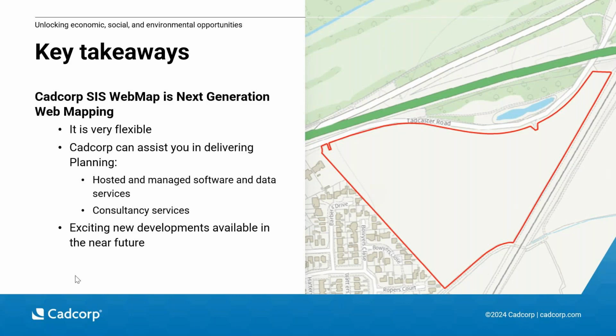We're aware you typically have fewer GIS resources available within local government, but CACOP can assist you in delivering planning related, hosted and managed software and data services, and consultancy services as well. You've not really seen consultancy services, but we do provide analysis, modelling and 3D type capabilities.